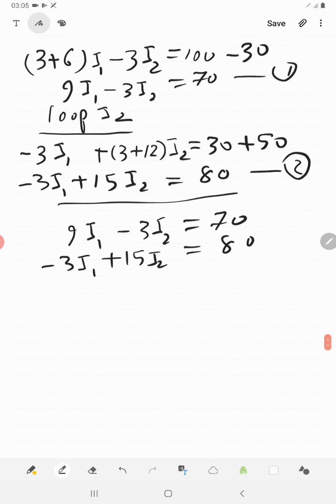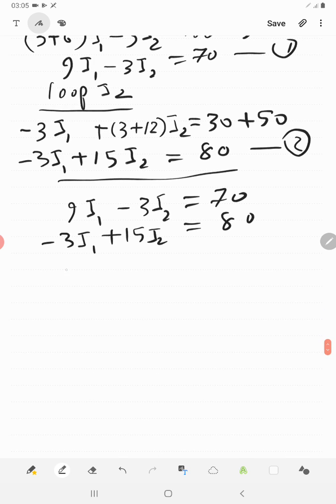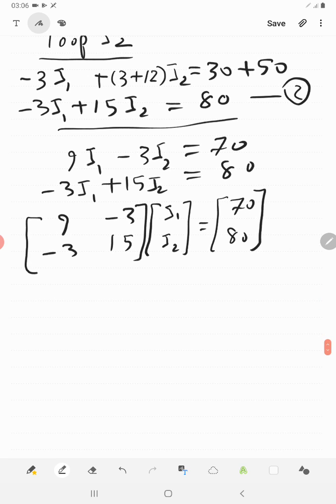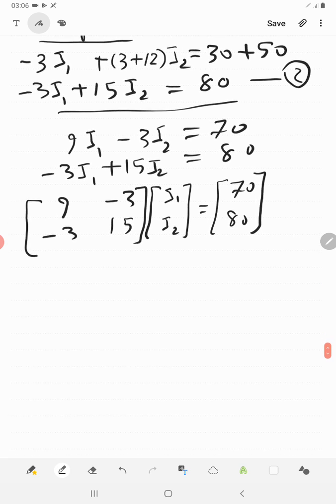If we write this in matrix form, we can say simply 9, minus 3, minus 3, 15 times I1, I2 equal to 70 and 80. Now we can determine I1 and I2 easily.